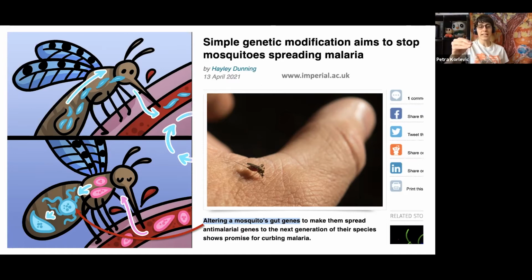So at this stage where the mosquito drinks blood and normally the parasite would then sit in the mosquito gut, it is blocked because the parasite cannot recognize the mosquito gut cells and they're just digested. It is showing some promise, but again, it's still ongoing research.